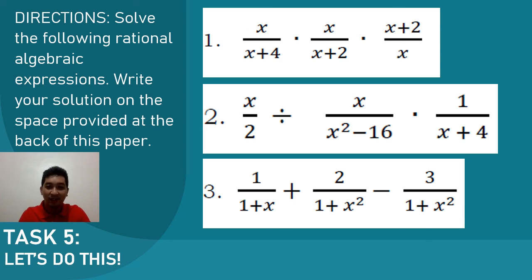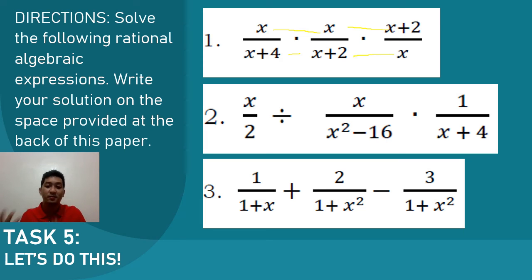Basic lamang ito since multiplication: x times x plus 2, and x plus 4 times x plus 2 times x. And then number 2, you have x over 2 divided by x over x squared minus 16 times 1 over x plus 4.